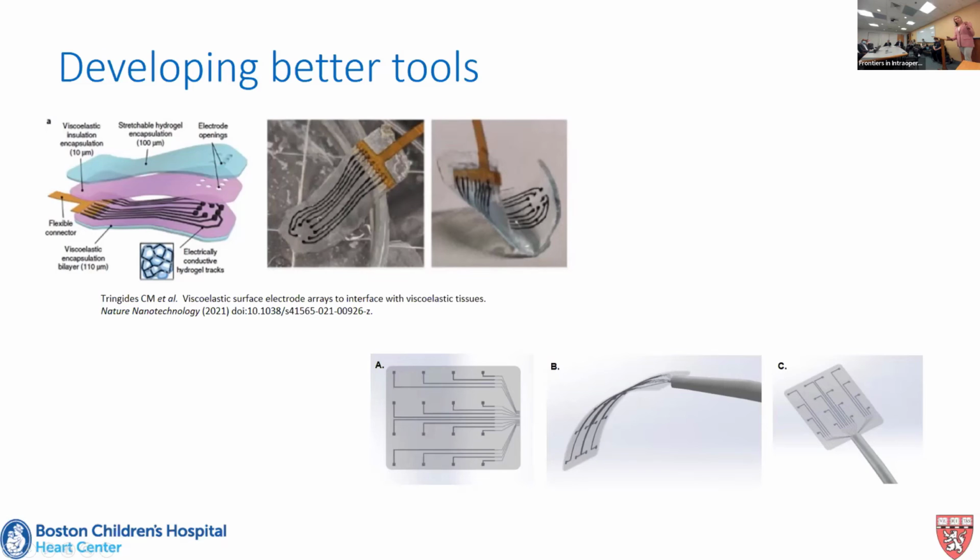This is a group at the Wyss Institute that has been working on this type of technology, and here is a mock-up that Jocelyn made for us, looking at how we might recreate what we're doing with the grid, with this enhanced flexibility, perhaps on the end of a probe.